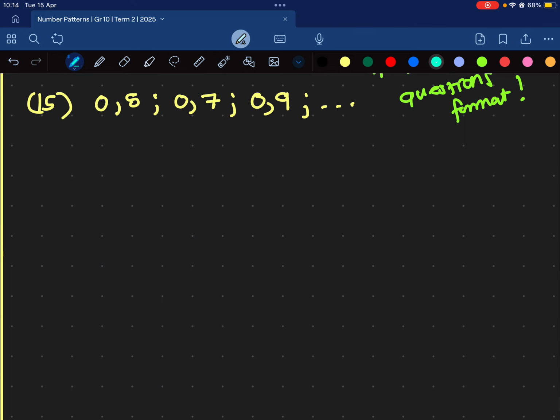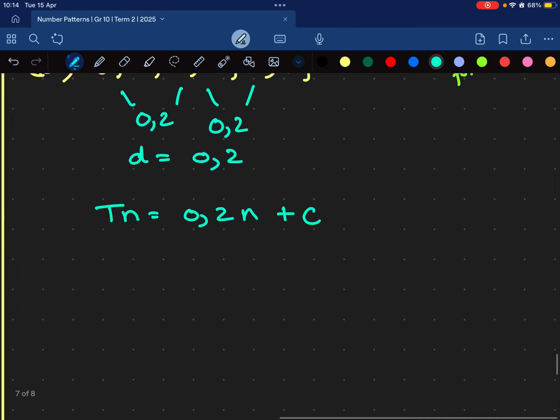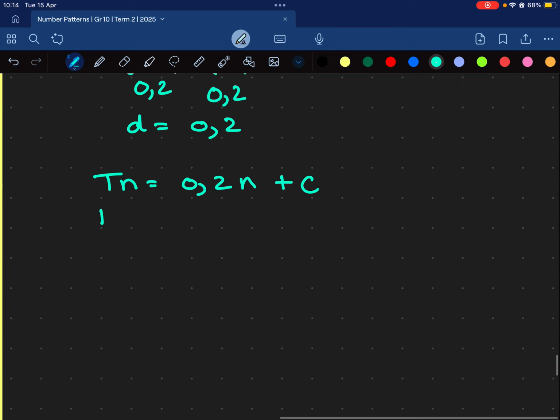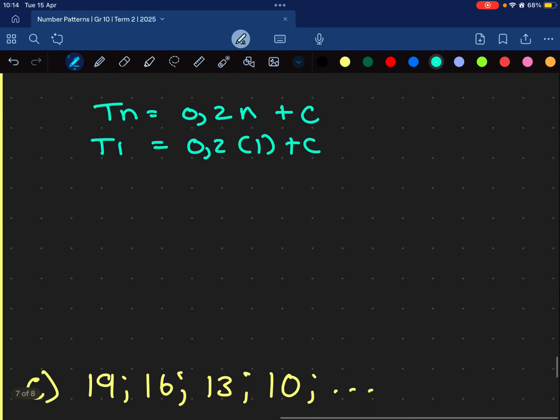So we can see the common difference here, all I'm doing is adding 0.2 at each point. So the common difference I can see is 0.2. So if Tn is equal to 0.2n plus c, I'm going to use the substitution method. So I'll say T1 is equal to 0.2 times 1 plus c, but T1 is 0.5.